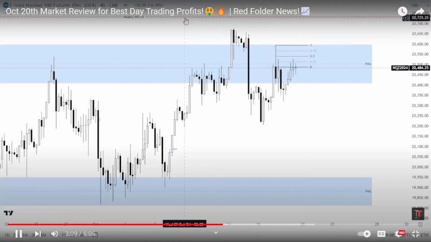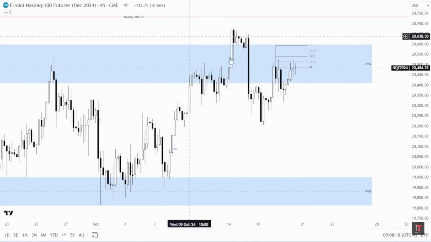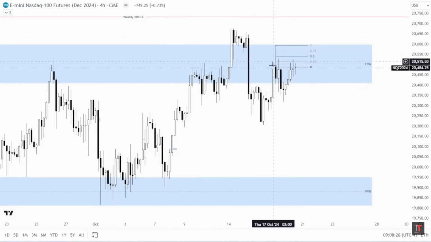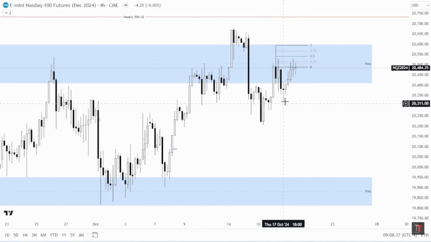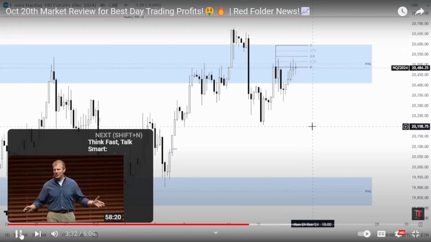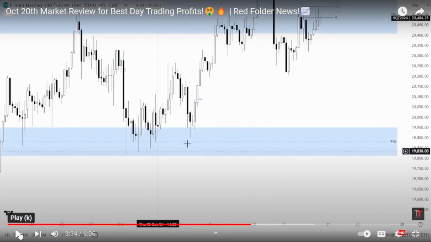This is on a weekly, this red line up here, but this is on a 4-hourly. And you'll see we've got this spike here, the spike there. That's equal highs to me. That's liquidity to take those equal highs out into that 50% and then come down to all of this liquidity down here. It's a low, higher low, higher low, and now we can see something move down here.